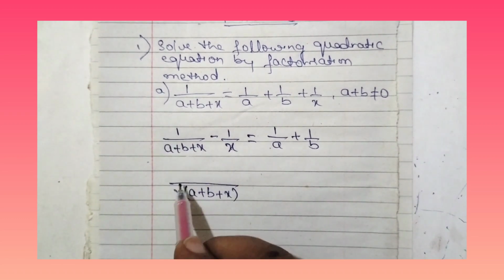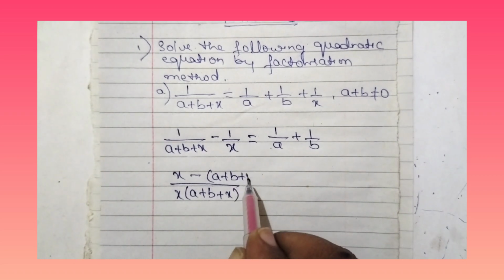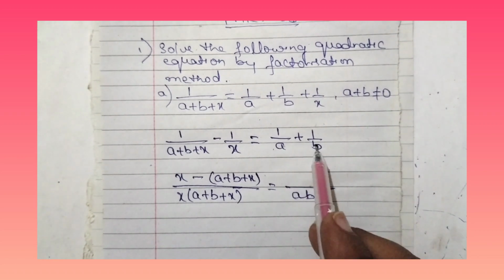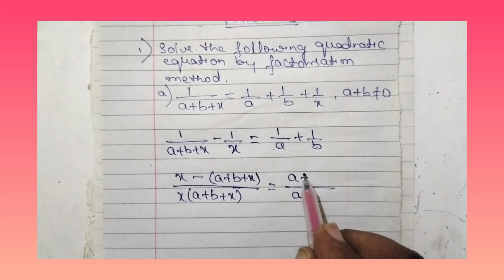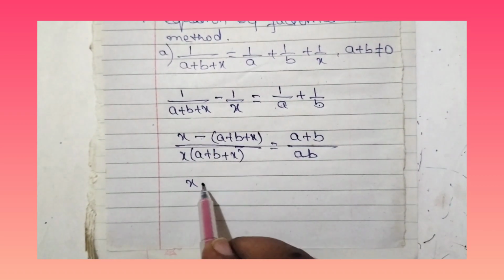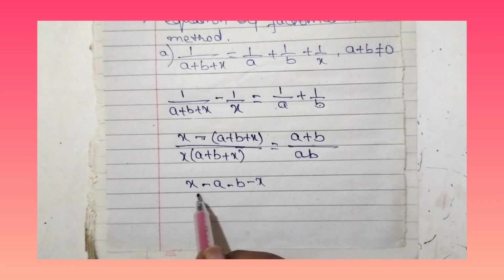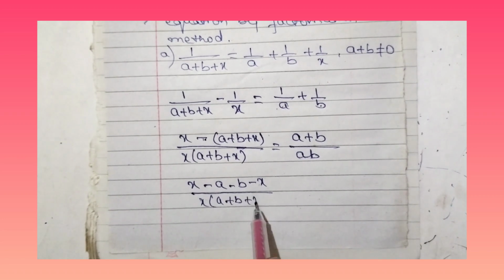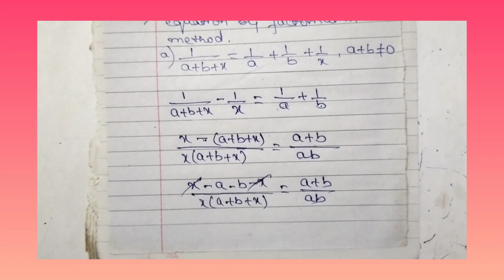So x minus (a plus b plus x), divided by x into (a plus b plus x), is equal to, for the right side, ab is the LCM, cross multiply: b ones are b, a ones are a, so a plus b divided by ab. Now minus into plus is minus a, minus into plus is minus b, and x minus x cancel.